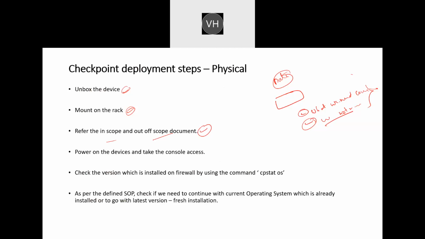Like what we need to do in the firewall and what configuration we require. There they will provide information saying this many interfaces you need to configure, or that we need to enable only the firewall and VPN options and others are not required. The list of things will be provided in the in-scope and out-of-scope document.